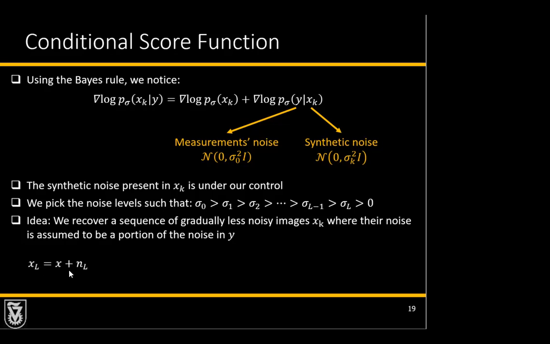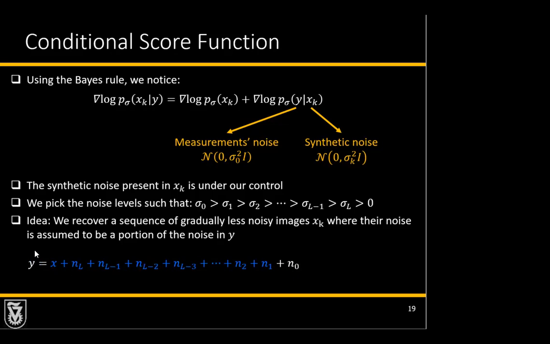So if our final output is x_L, which is the real image x with some small noise, the one step before it would have x_L minus 1, which is the same plus an additional independent layer of noise, and so on and so forth. We add more and more layers of noise as we go backwards in time till we reach x_1, the one we started with, which we assume to be y, just y without the additional layer of noise.